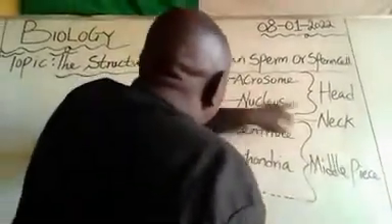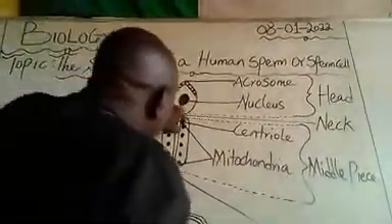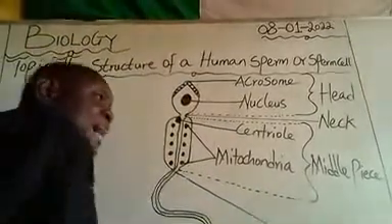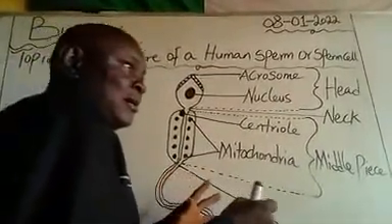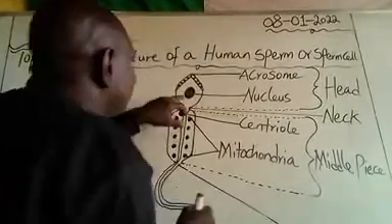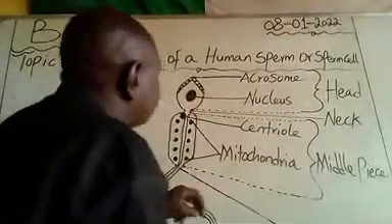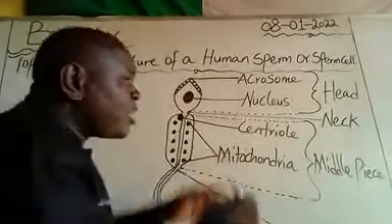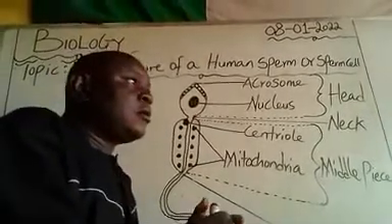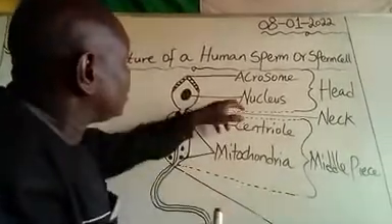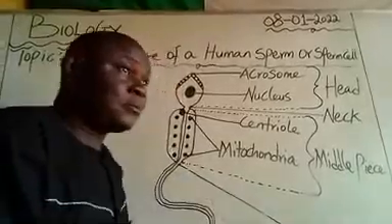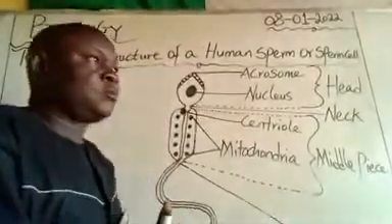We have nucleus. Nucleus is in the head of the sperm. Nucleus contains chromosome.